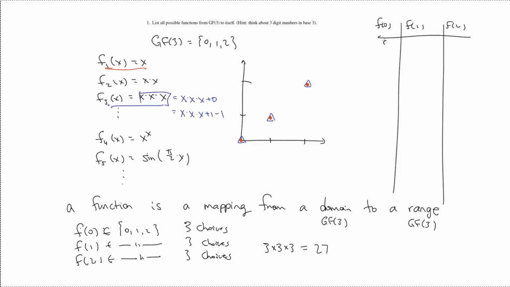We can have 0, 0, 0; 0, 0, 1; 0, 0, 2; 0, 1, 0; 0, 1, 1; 0, 1, 2; 0, 2, 0; etc. And finally we end at 2, 2, 2.